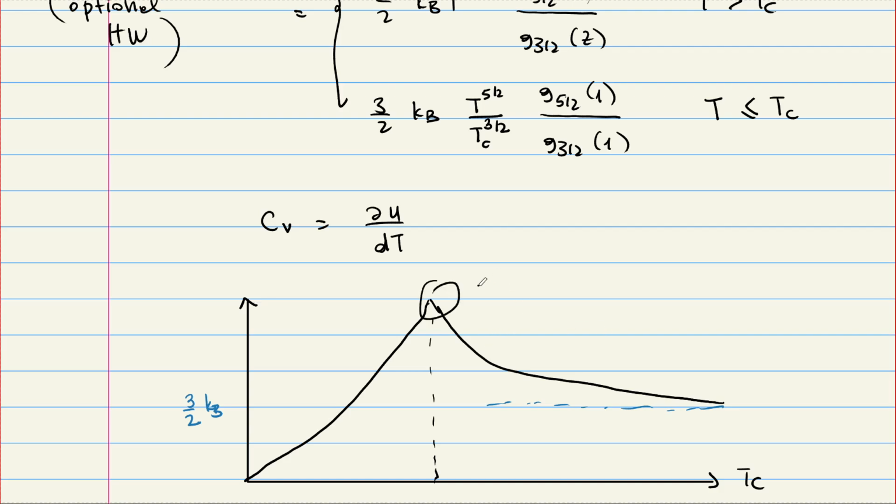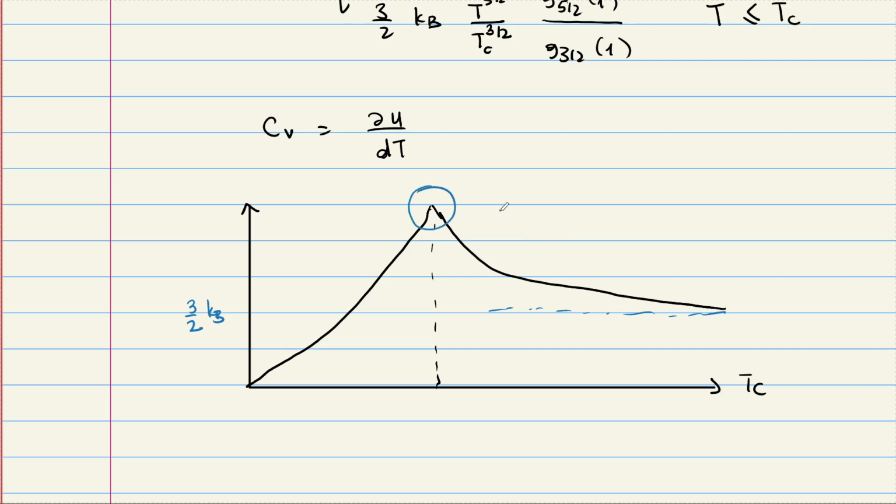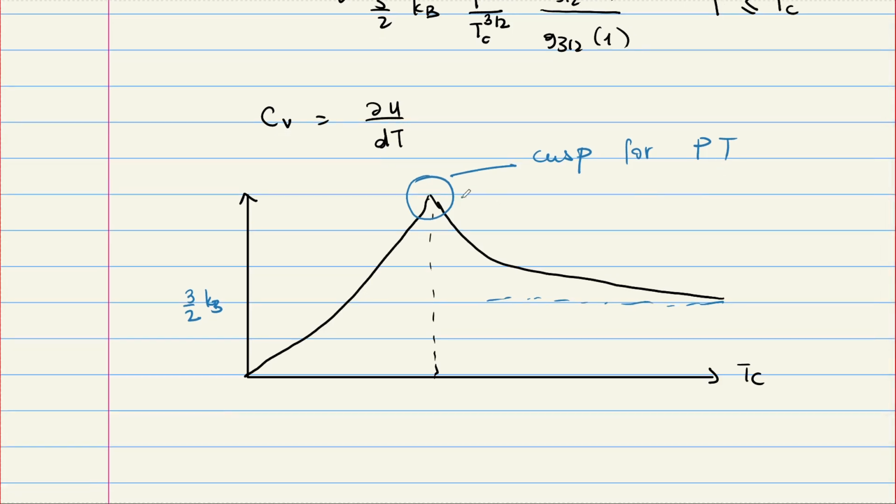So this is a cusp for the phase transition. And that means, because specific heat is the derivative of internal energy, and internal energy can be written in terms of free energy, if there is a cusp in the derivative of any object, that means there is non-analytic behavior.